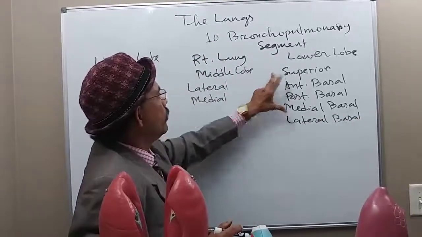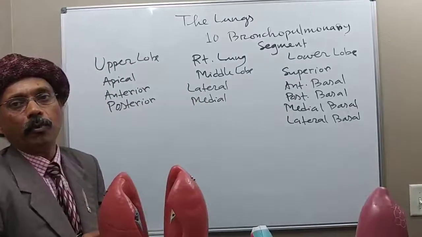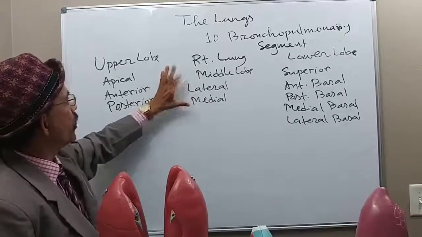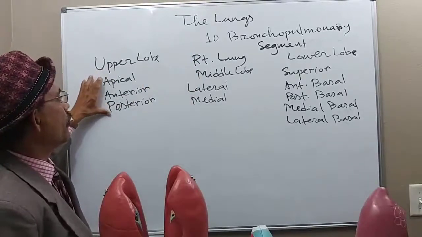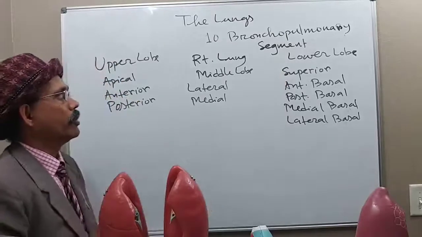So here 5, here 2, here 3. These are the bronchopulmonary segments. Middle lobe has 2 bronchopulmonary segments, upper lobe has 3 bronchopulmonary segments, lower lobe has 5 bronchopulmonary segments.